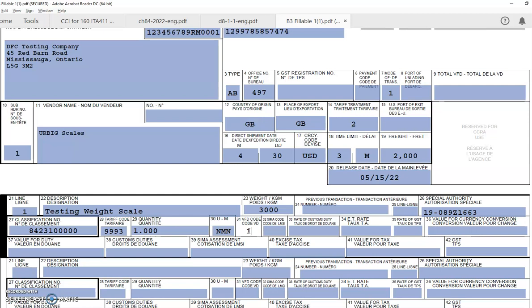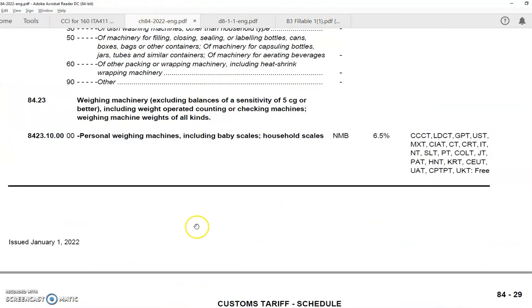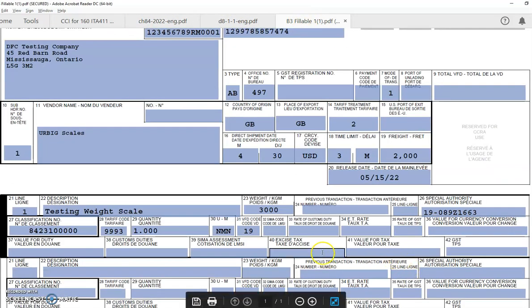It's not a transaction. So remember, when it's not a transaction, we put 9. The rate of customs duty, we looked up here, it is 6.5%. So even though it's going to be duty free, we still need to state what the duty is. The 9993 will get rid of the duty. The rate of GST is 5%.